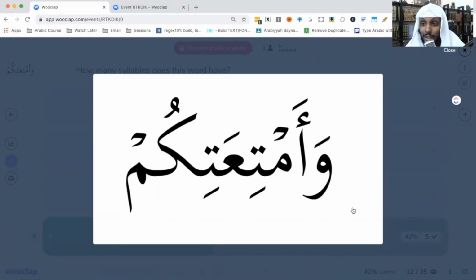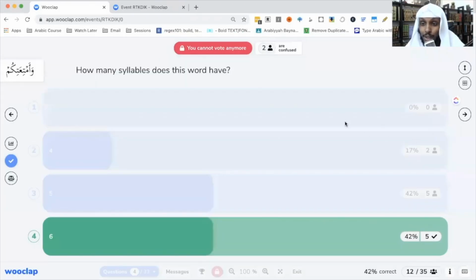That's how you would hum it, right? And that's why we said that a syllable is the smallest unit of sound. That's why if you were to hum somebody's name, you would be humming according to the syllables in their name. Okay? وَأَمْتِعَتِكُمْ. So maybe next questions, try to hum it in your head and see if it makes sense or not.